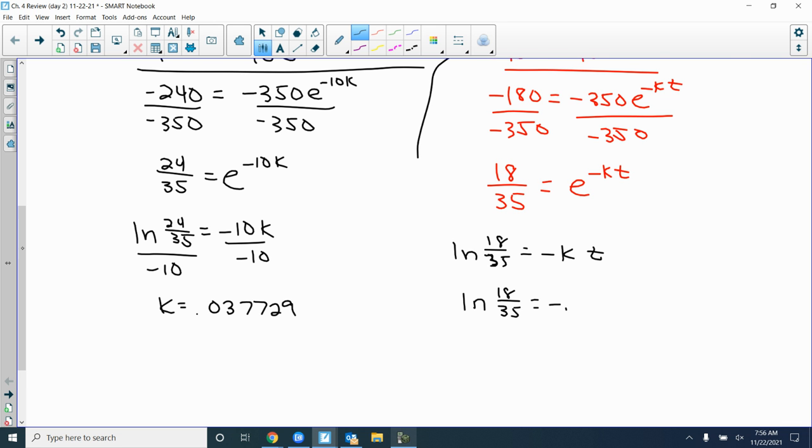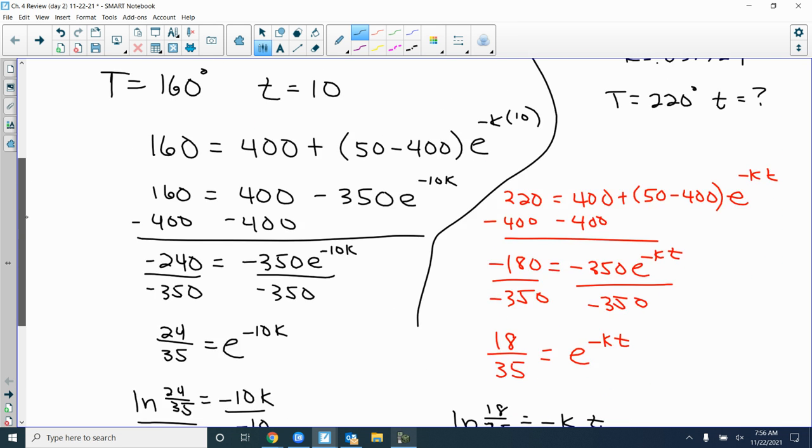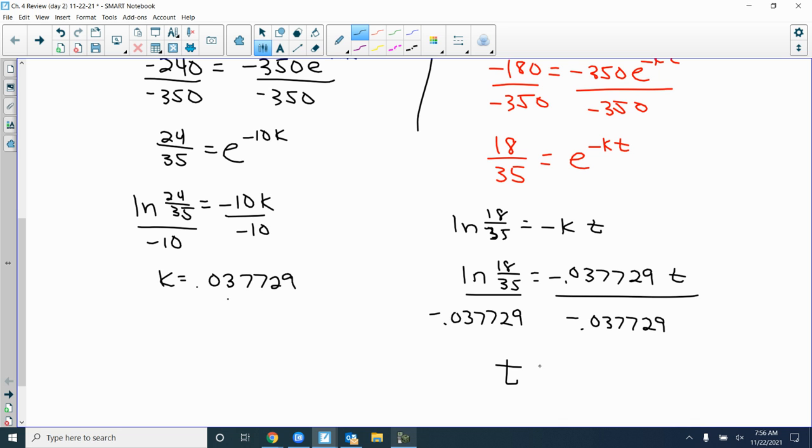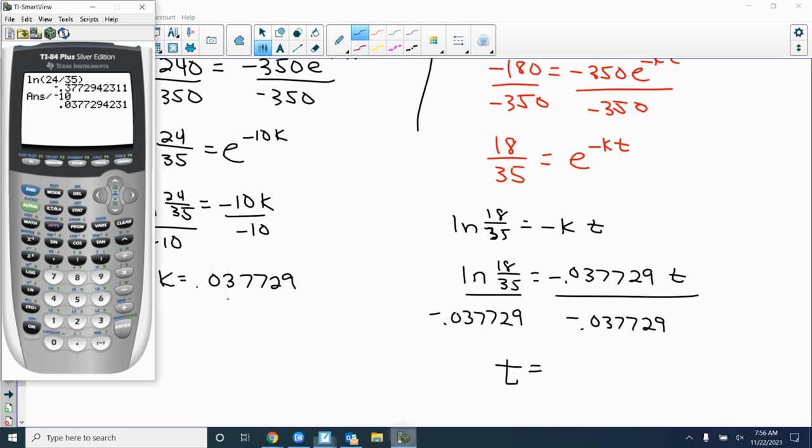0.037729. Oh, it's right there. Negative 0.037729 times t. Divide by that. And let's see what we get here.